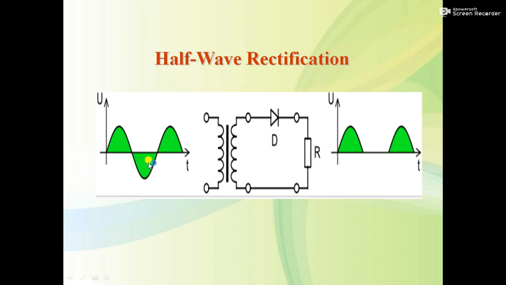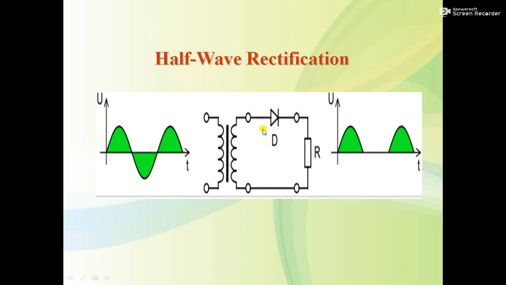Then similarly during the negative half cycle of the AC input supply, means if you apply this part of the signal at the primary winding of the transformer, this node becomes negative and this becomes positive. Negative is connected to the positive of the diode. At that time this diode becomes reverse biased, an off switch, open switch.